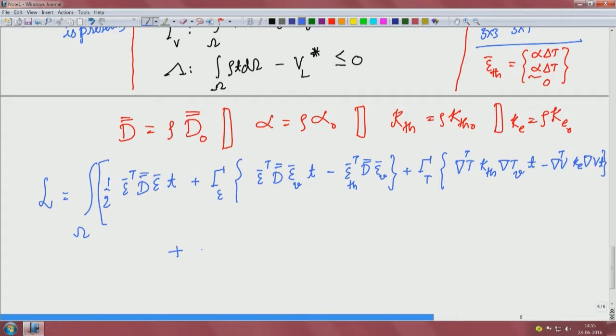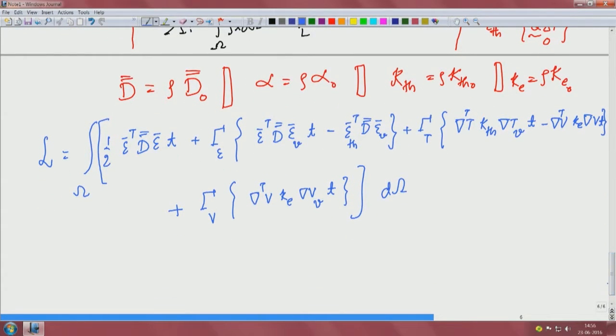And then we have del V gamma V, that will be similar, that is del transpose K E del V, all of these things times d omega. We have put T everywhere, so that is okay, the d omega. Whatever is inside of these square brackets from here to here, the whole thing is our integrand f.